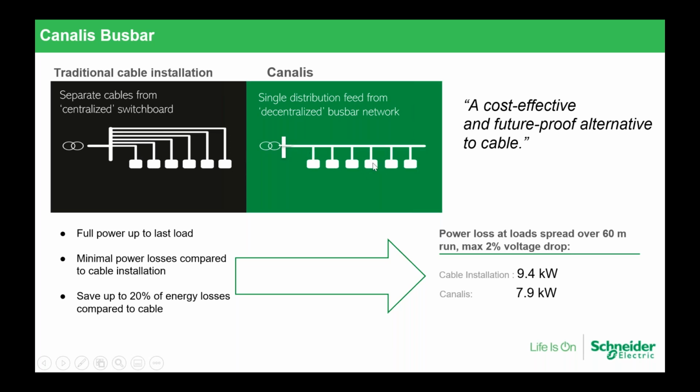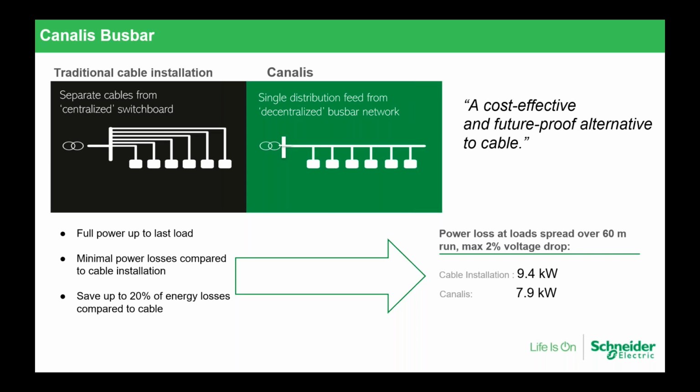If you have a problem with one load, you can disconnect from this tap-off, but the rest of the loads will be supplied. With the cables, if you have a problem, that distribution board will be off.